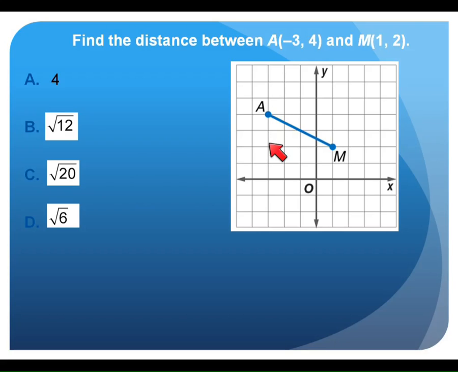You would draw a line down to here and over to make a right triangle. But if you used the distance formula, I would take the second x, which is 1, minus the first x, which is negative 3, plus the second y minus the first y, 2 minus 4, squared. I'm kind of running out of room.